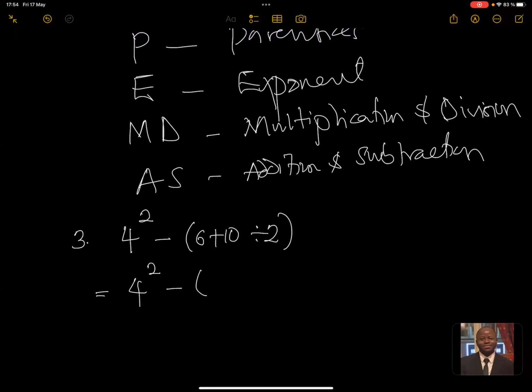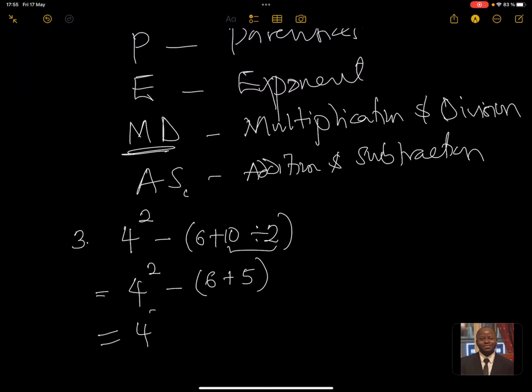Now in the bracket, you can also see there are 2 operations there. You have addition, then you have division. According to PEMDAS, I'm going to deal with this division problem first. So I have 6 plus 10 divided by 2. This will give me 5. Is that okay? I close my bracket.